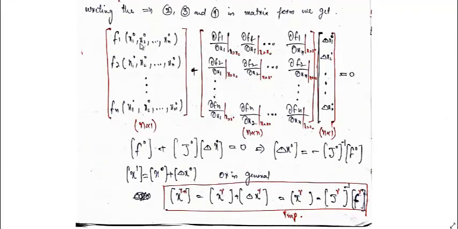So, writing these equations in matrix form, we can write f1 x1 naught, f2, up to fn, plus the matrix: del f1 by del x1, del f1 by del x2, up to del f1 by del xn; similarly del f2 by del x1, del f2 by del x2, del f2 by del xn; up to del fn by del x1, del fn by del x2, del fn by del xn, multiplied by delta x1, delta x2, up to delta xn, and this will be equal to 0.